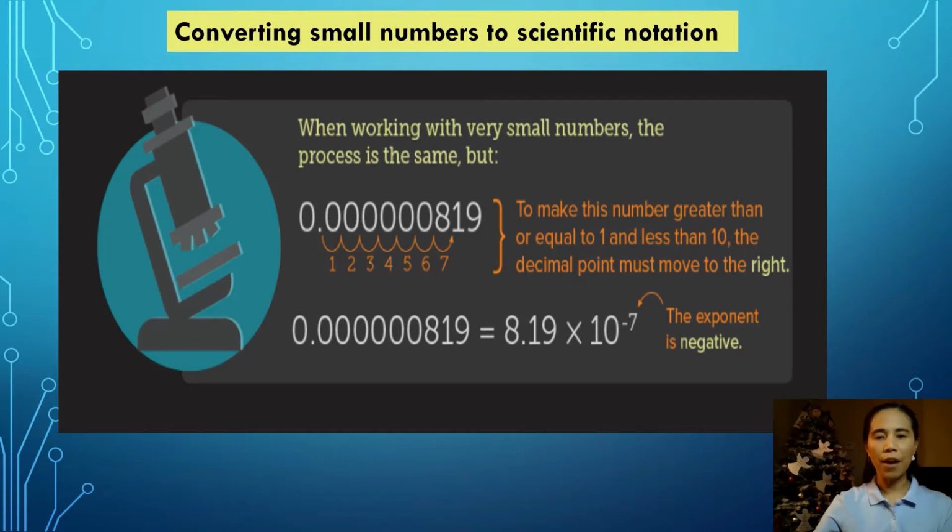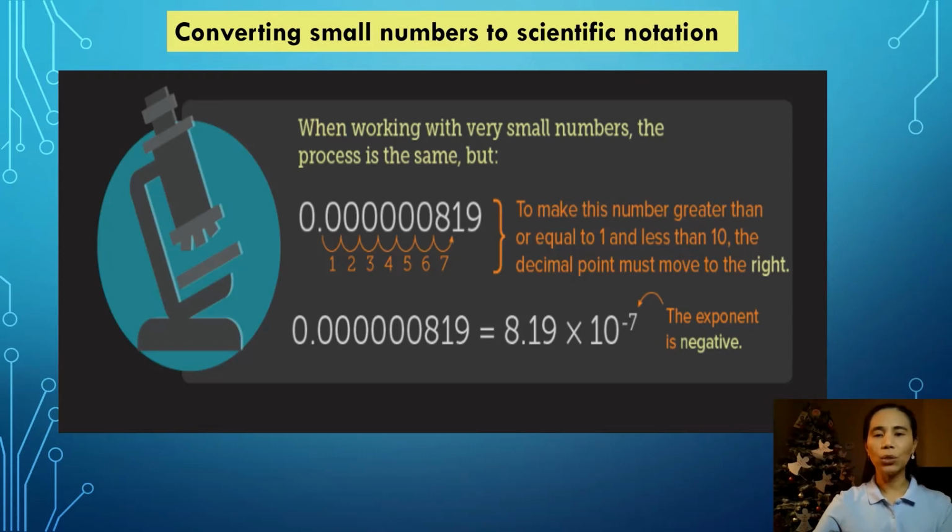So from left to right, we have 1, 2, 3, 4, 5, 6, 7. So we stop at 8, or the decimal point is after 8, which is greater than 1, but it is less than 10. And then we can now write 8 and then point.